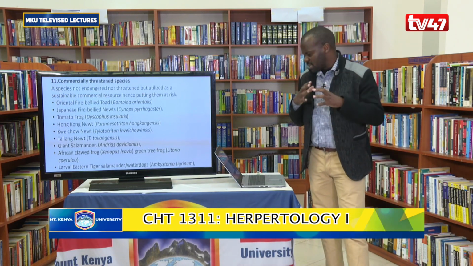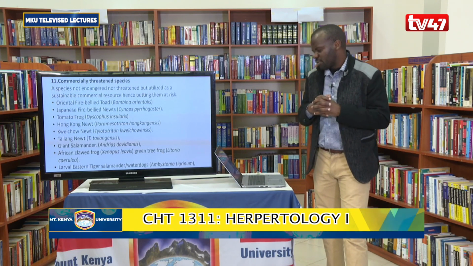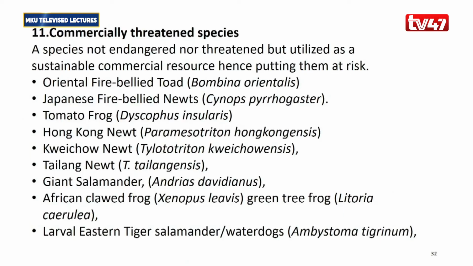But according to the category, they are not endangered nor threatened. However, the trade going on around them, or that they are involved in, normally puts them at risk, and this causes the reduction of their population.